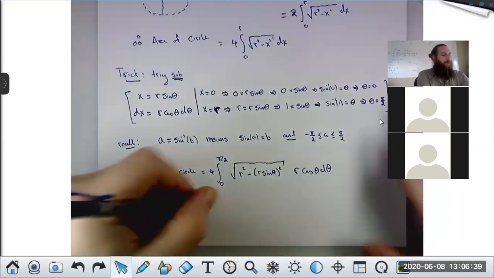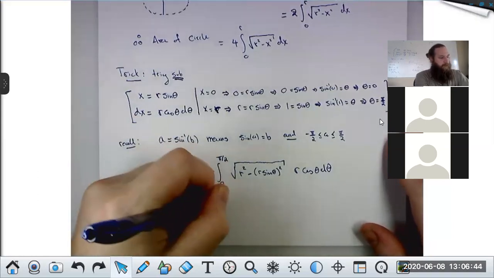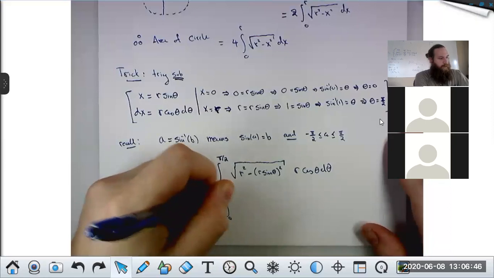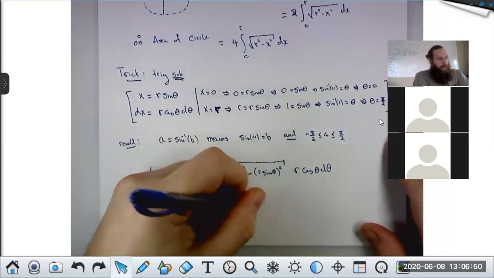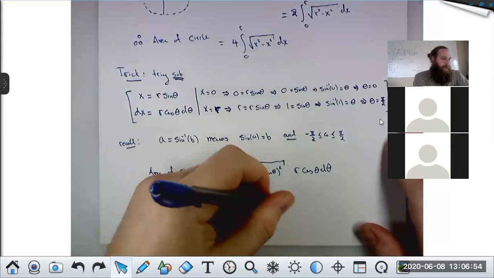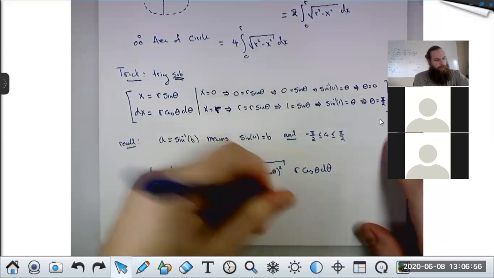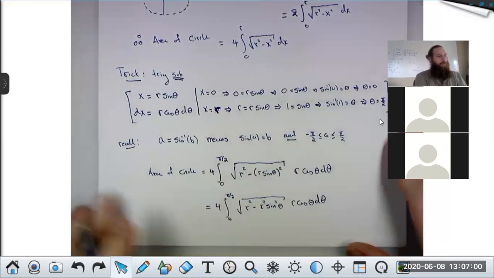All right, I know we're a little bit over time, but I'm going to ask you to hang in there just through this example if you can. I have the square root of r squared minus r squared sine squared theta, and then r cos theta d theta hanging out.